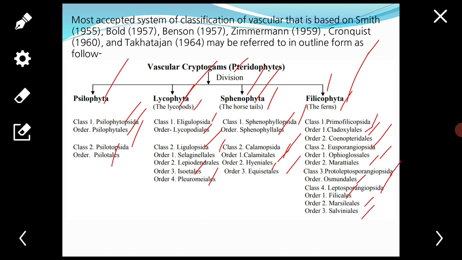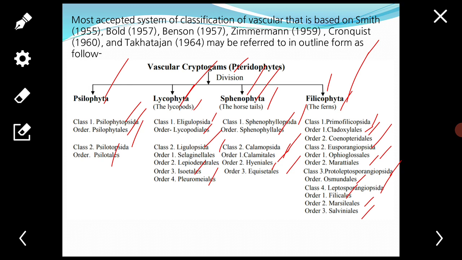Young fronds are circinately coiled. Leaves are exstipulate, example Filicales, while stipulate in some other groups.